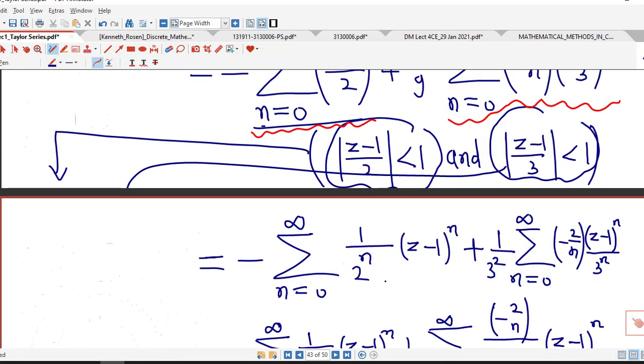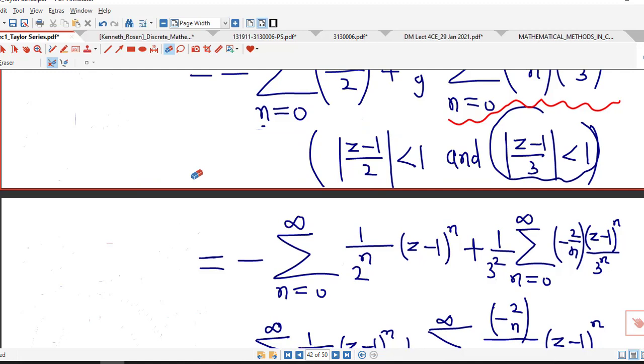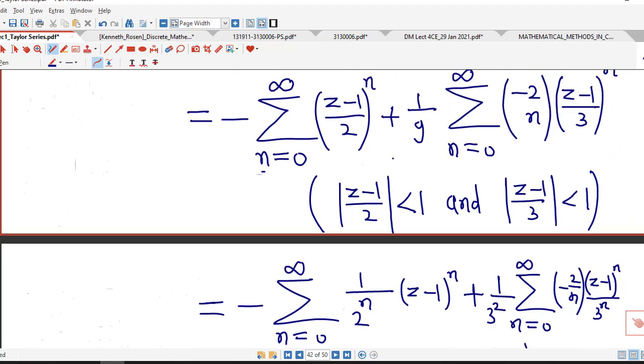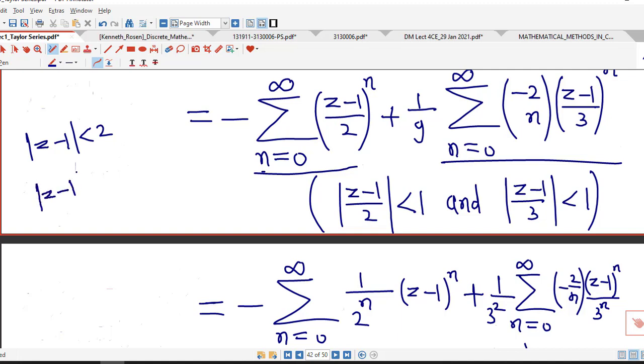So as we have discussed in this step, this first series is valid in the open disk mod z minus 1 by 2 less than 1. Okay, this series is valid in the open disk absolute value of z minus 1 less than 2 if we take this 2 on the right hand side, and this second series is valid in the open disk mod z minus 1 less than 3.